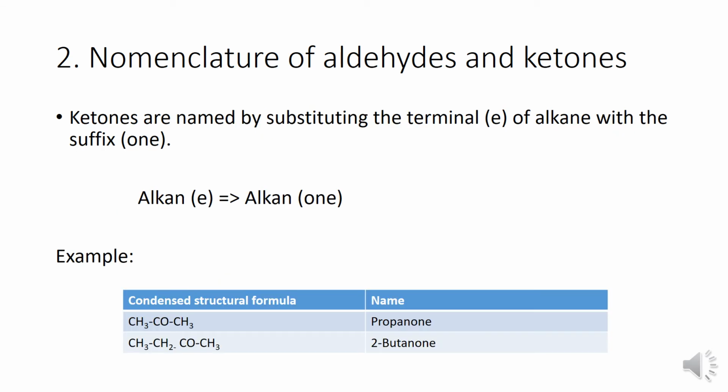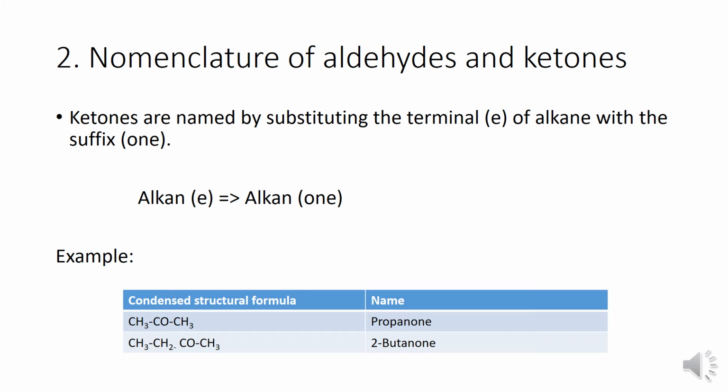Now, let's see how we name ketones. Ketones are named by substituting the terminal E of the alkane with the suffix -one. So the alkane that has the terminal E is substituted by -one, alkanone.